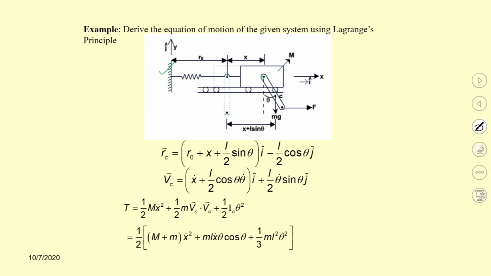We can write down the position vector of this point C, which is the center of mass. Let the center of mass be at L by 2 distance from this point.